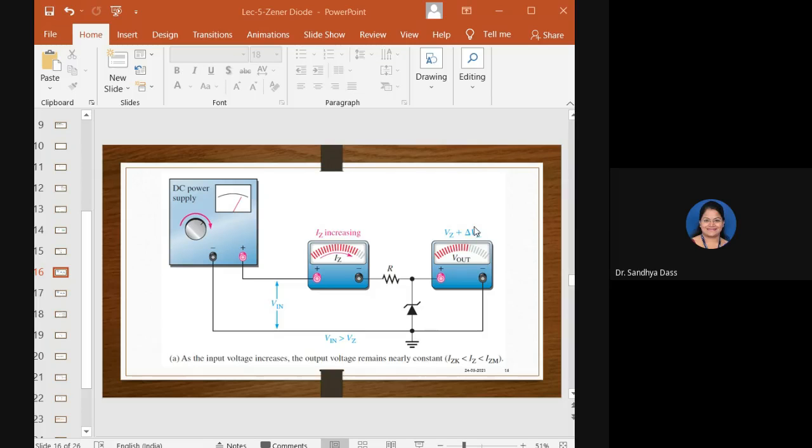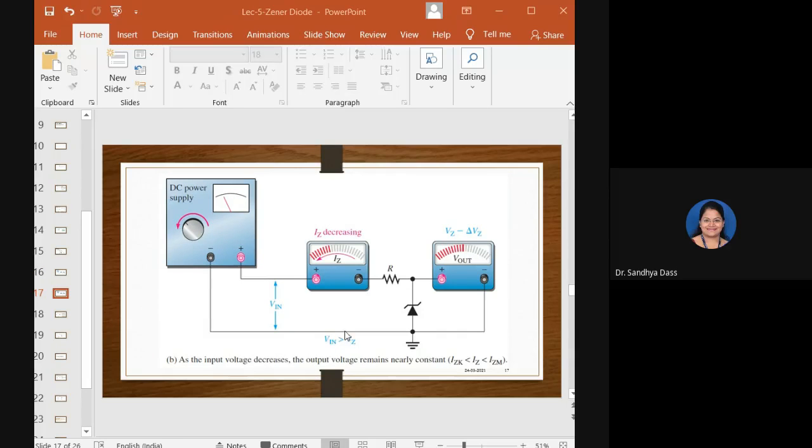This delta Vz is because of the variation of the input voltage. Are you with me? Understanding? We will find this difference in the following example that we'll take now.